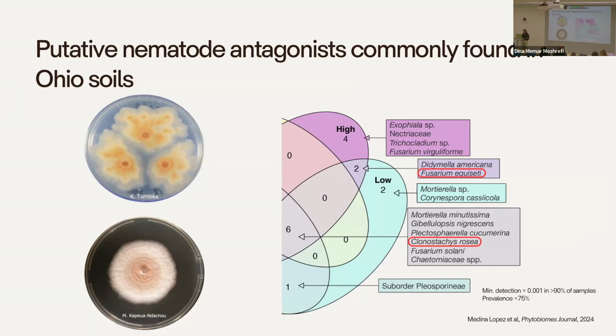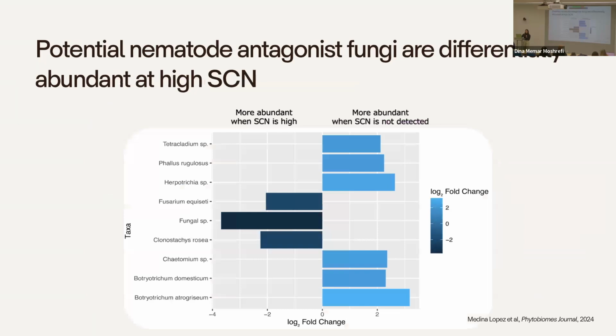So these were some interesting and salient taxa, but we also wanted to know if there were any fungi that were more or less abundant, depending on whether you had high abundance of soybean cyst nematode or low abundance of soybean cyst nematode. So we did a differential abundance analysis where, as you see here, we find the same two putative nematode antagonists I'd mentioned previously being more abundant when soybean cyst nematode is high.